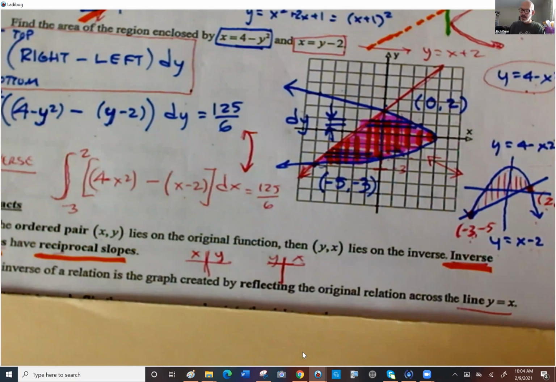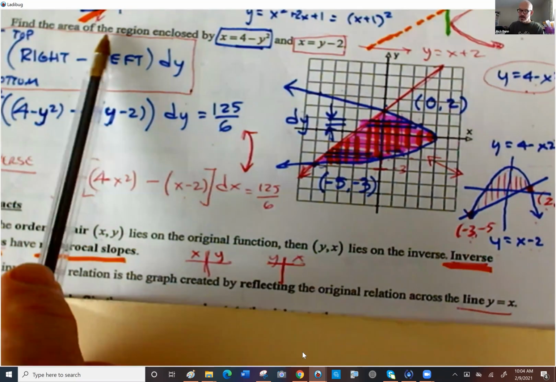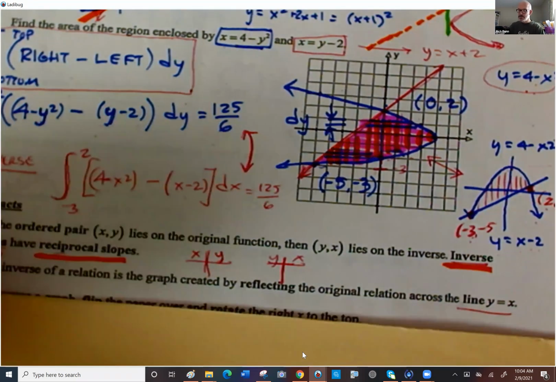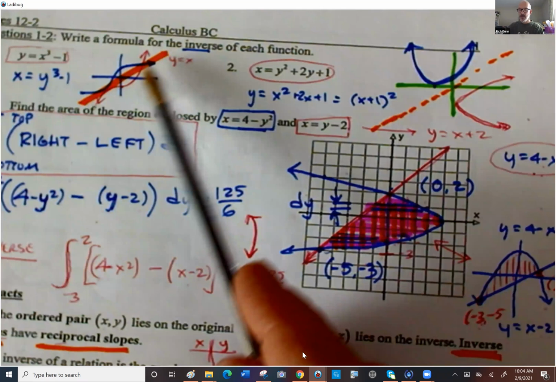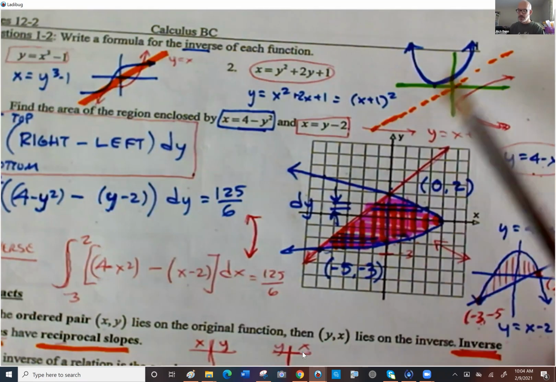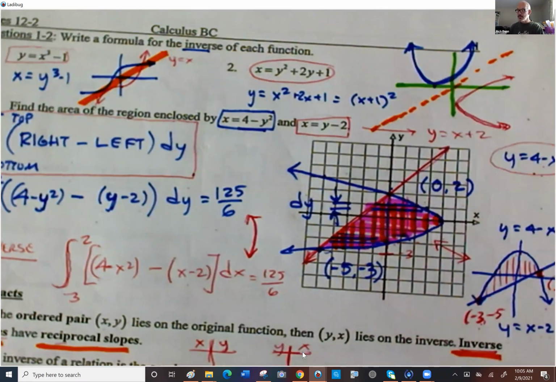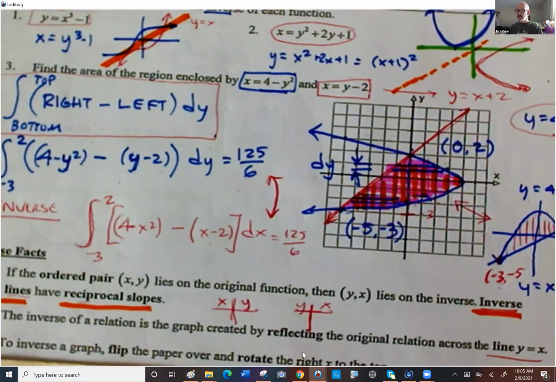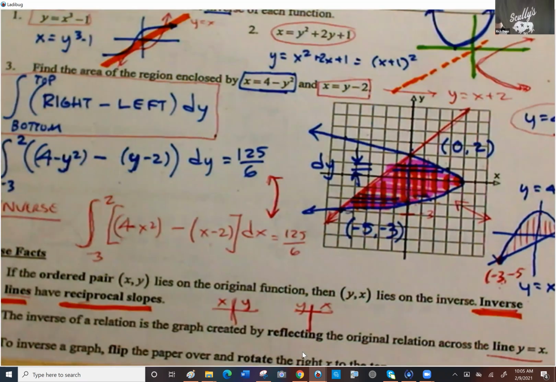Let's take a look at our next one. And that is the idea that when I graph these, as I showed at the very beginning, the inverse functions can be done simply by reflecting the original function across the line y equals x. Just a quick little reflection. Another way of getting those is also by doing a flip and then rotating it. So I can flip my paper over, for example, this one.